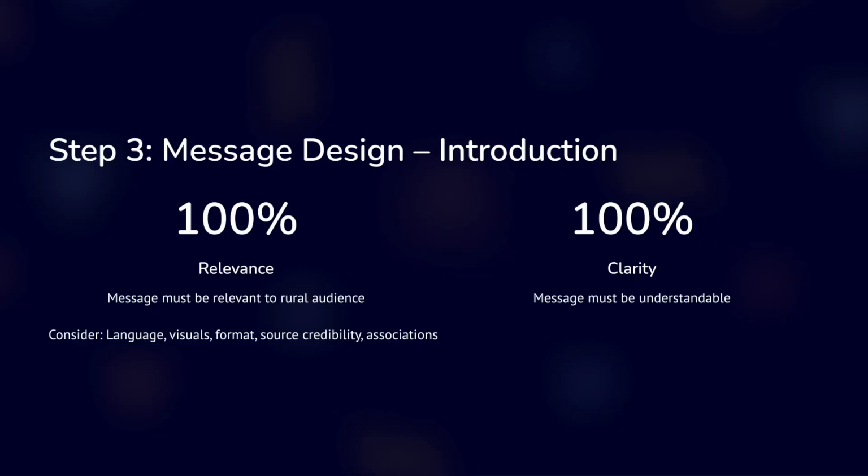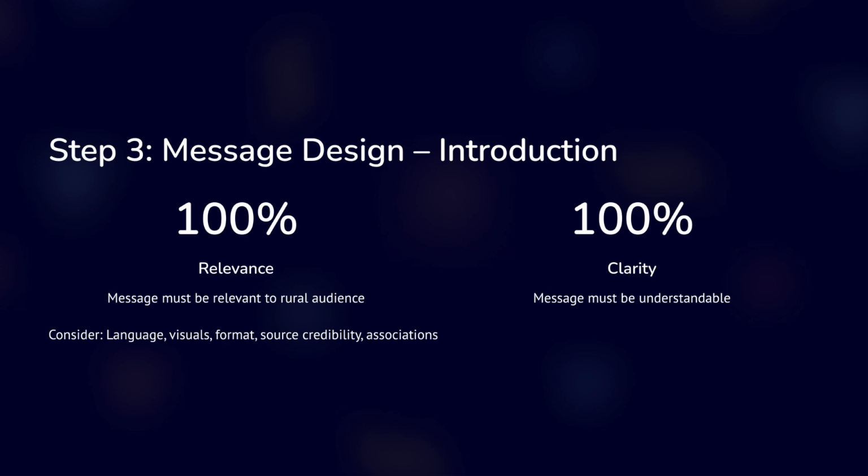Having defined an intended reaction from the rural target audience, the communicator moves to the third crucial step, designing the message. Creating truly impactful messages is a significant challenge for rural communicators. A core principle is that the message must be meaningful to the rural customer.